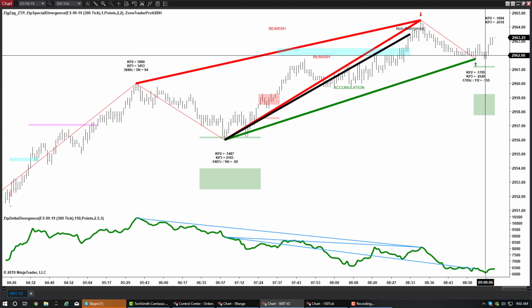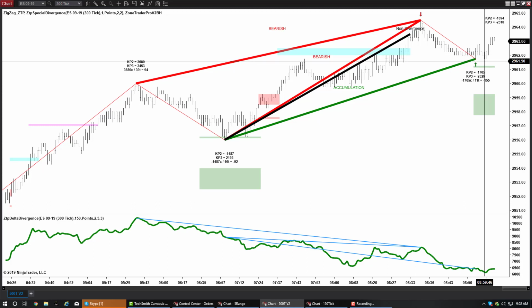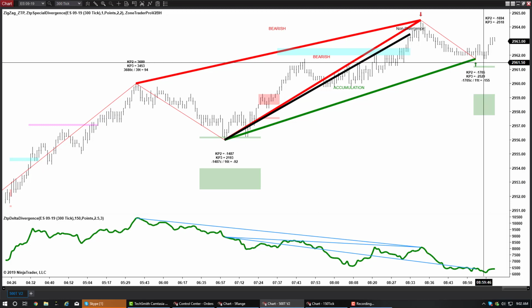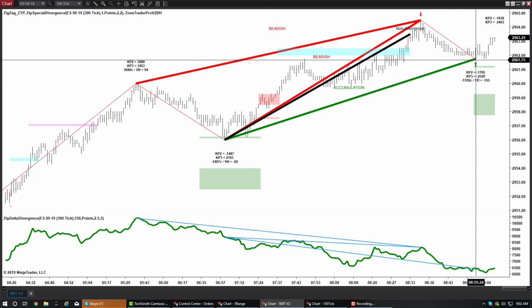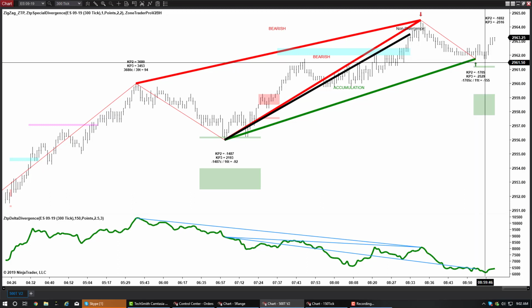So if, for example, on this bar right here, we had traded a tick lower, upon the close of the bar, this line would have moved to right there. It would have recalculated. If the numbers were still showing accumulation, then you would have received that accumulation signal, but it only occurs upon a bar close.